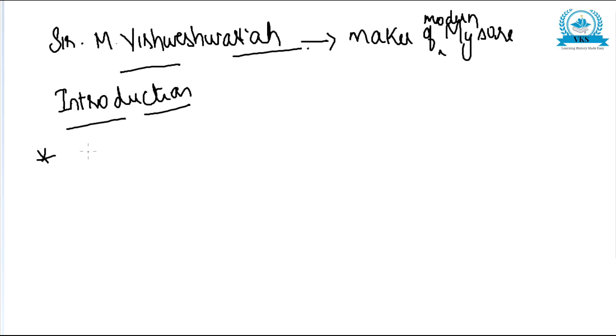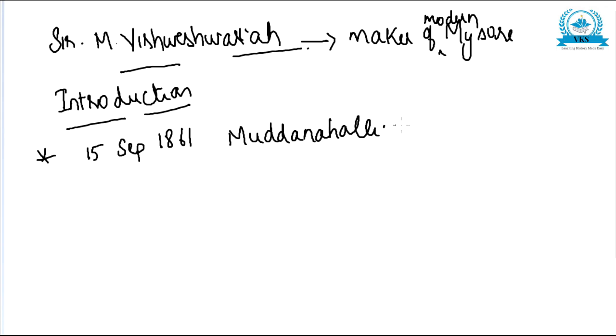Sir M. Vishveshwaraya was born on 15th September 1861 at a place called Muddanahalli in Chikbellapura district.